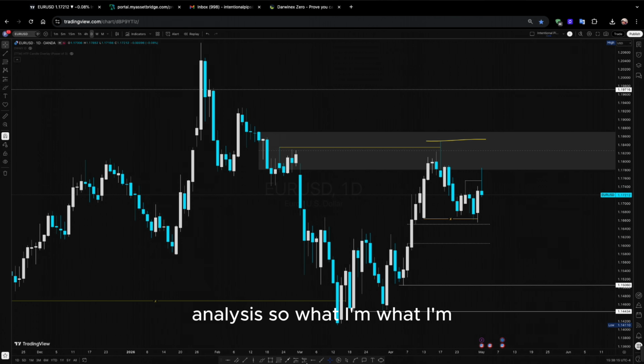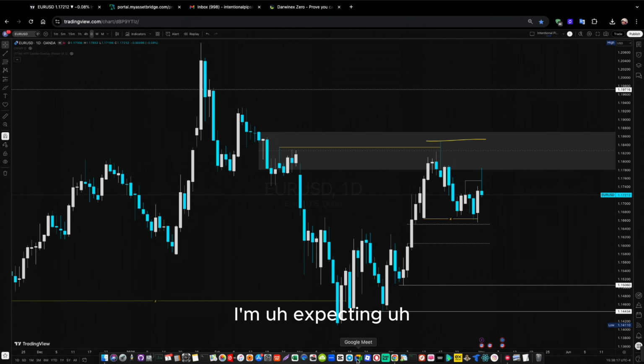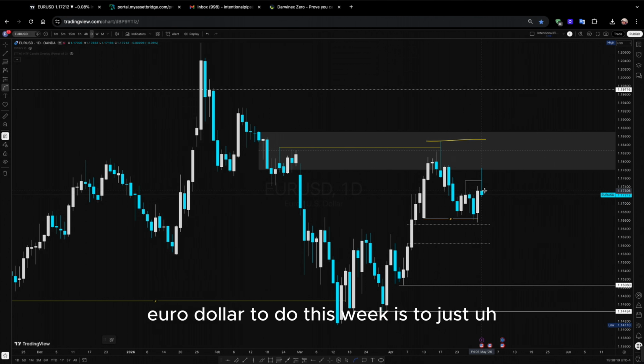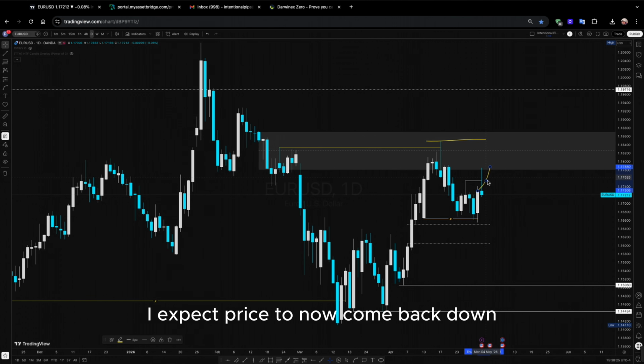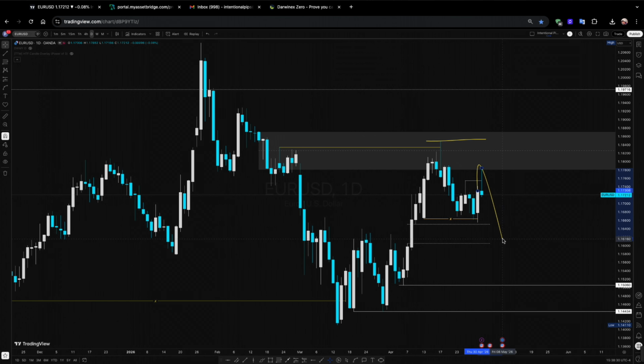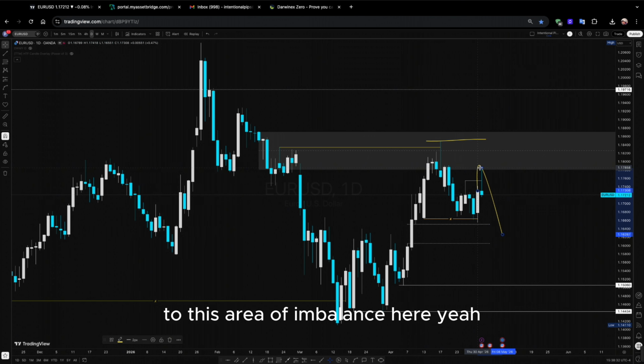So what I'm expecting euro dollar to do this week is, now that we've gone up, I expect price to now come back down to this area of imbalance here.